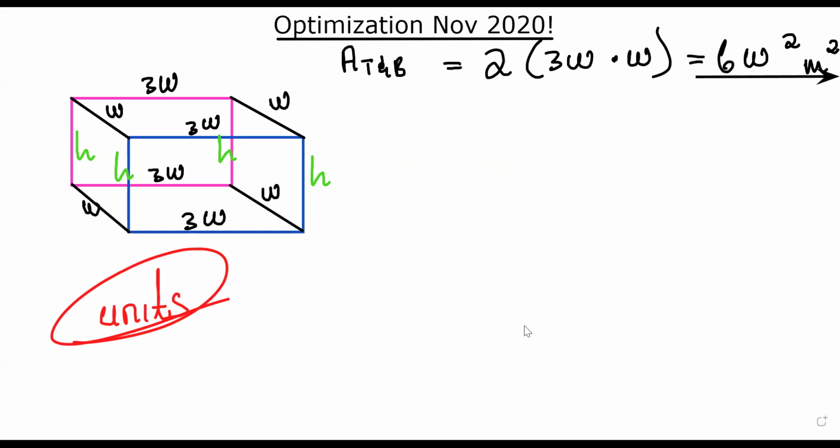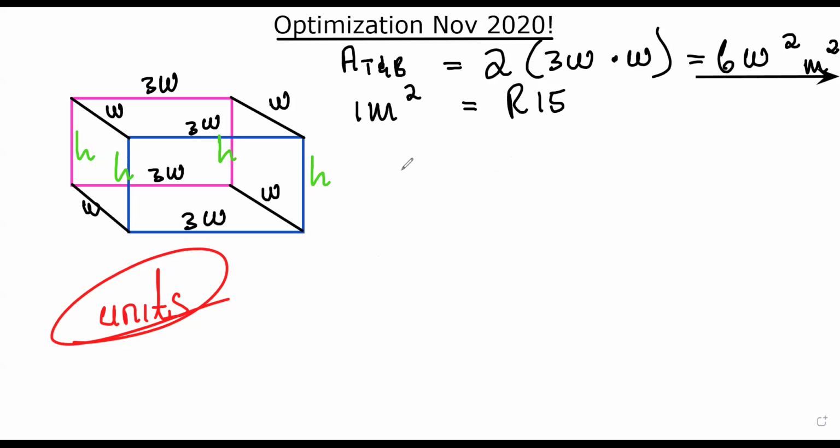Okay, this is how they said it. So we said the top and bottom parts, they cost 15 rands per meter squared. In other words, 1 meter squared is going to cost 15 rands. Do you get it? But now we want to know the cost of the top and bottom surfaces.